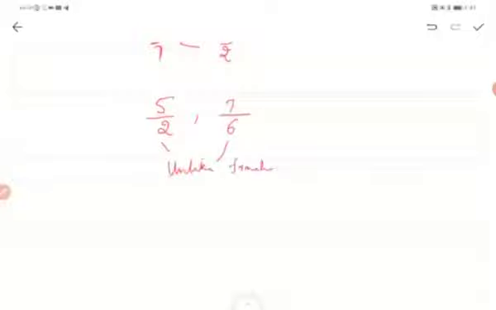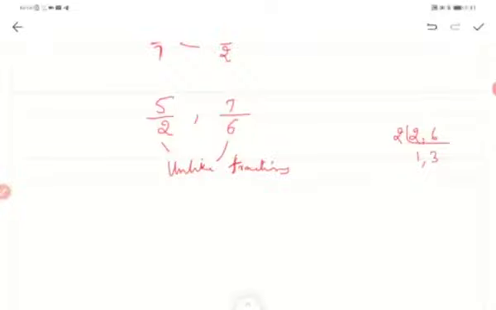For these fractions, you will take your LCM, or you can get your multiples. Let us go by the LCM method. We have 2 and 6: 2 1s are 2, 2 3s are 6. So my LCM is 6.